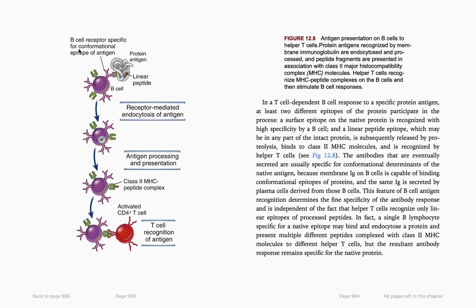So in other words, you have the protein, there is the B cell here, the B cell is standing as an antigen presenting cell, then it will capture the peptide, it will be processed, then it will be expressed with MHC class 2, and the CD4 T cell, already activated, will recognize that and stimulate the B cell to differentiate and function further.